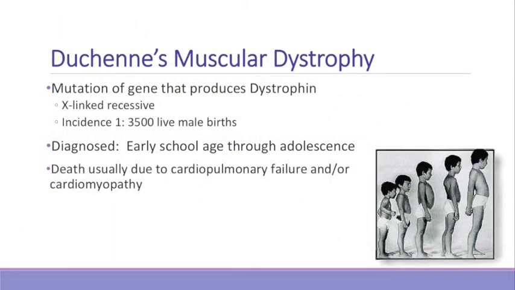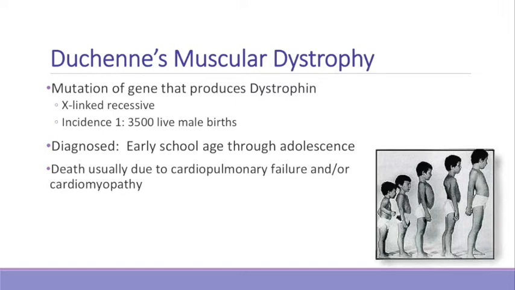It affects nearly 1 in every 3,500 live male births. It is X-linked recessive, which means it only presents in males, but it can be carried by females. The lack of dystrophin allows damage to occur to the sarcolemma with muscle contraction.